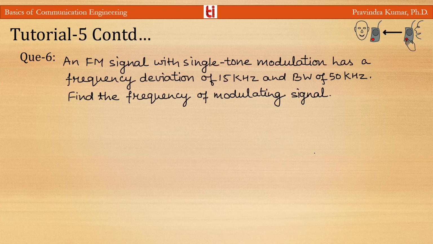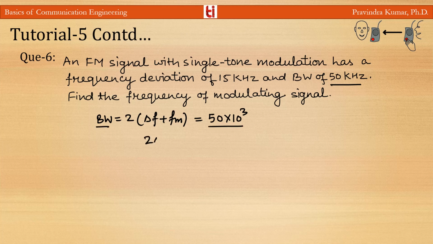Now the next question is: an FM signal with single tone modulation has a frequency deviation of 15 kHz and a bandwidth of 50 kHz. Find the frequency of the modulating signal. From Carson's rule, the bandwidth is equal to 2(Δf + fm), which is 50 into 10 to the power 3, or 50 kilohertz. So 2Δf + 2fm is 50 into 10 to the power 3.